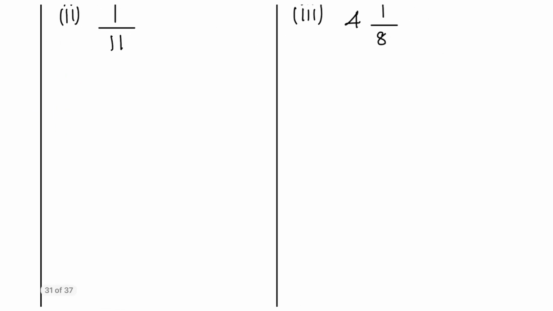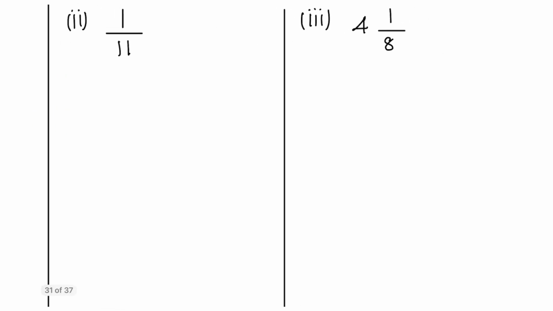Now we are moving to the second subdivision, which is 1 divided by 11. Now this is a slight complication when compared to the previous question, because the first question was an obvious one. Here you have to do the division to find the quotient. So 1 divided by 11.